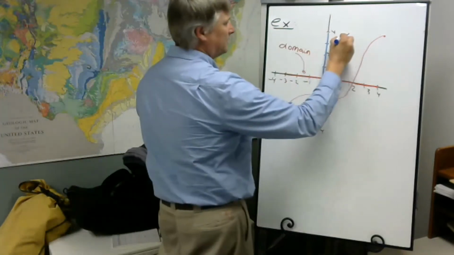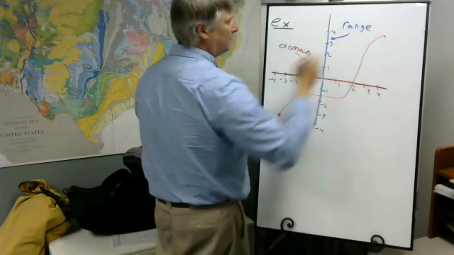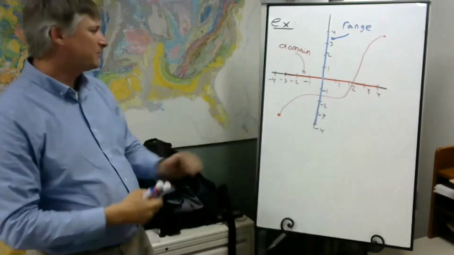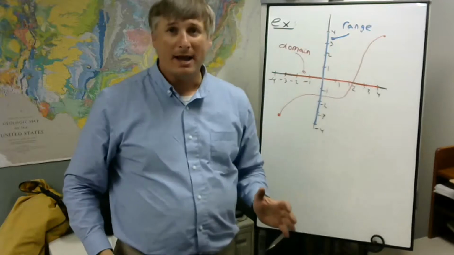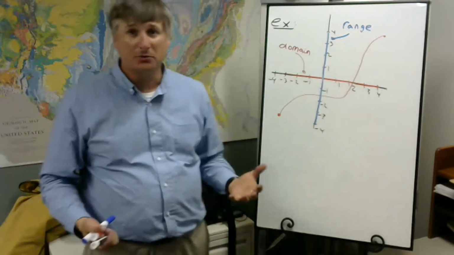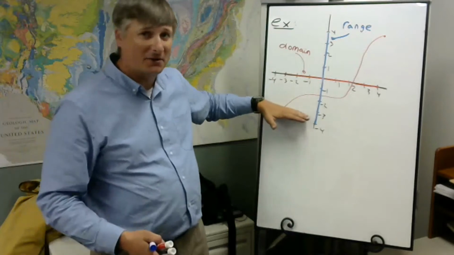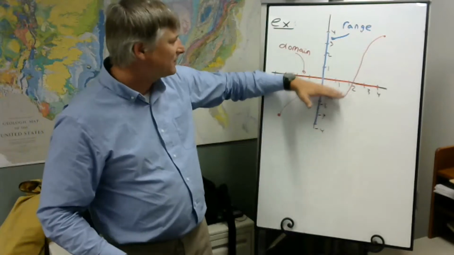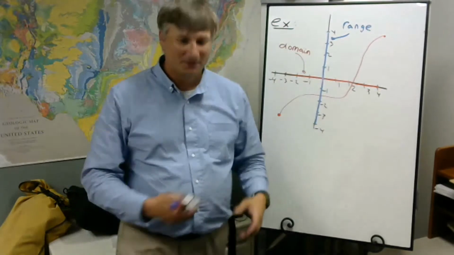So this is going to be the range. You can sort of say the function tries to cast a shadow onto the y-axis, and that shadow is your range. And then the domain, the function casts a shadow onto the x-axis, and that's going to be your domain.